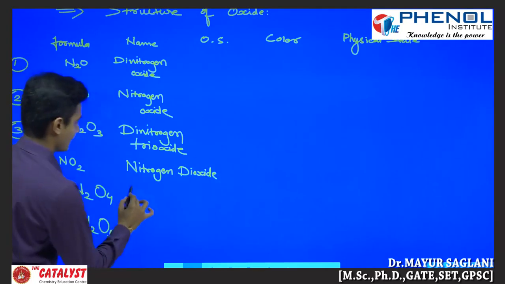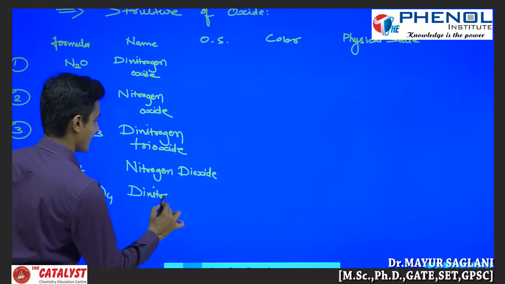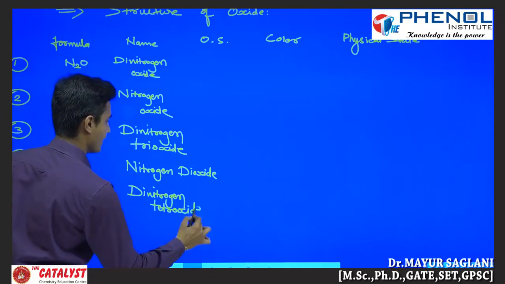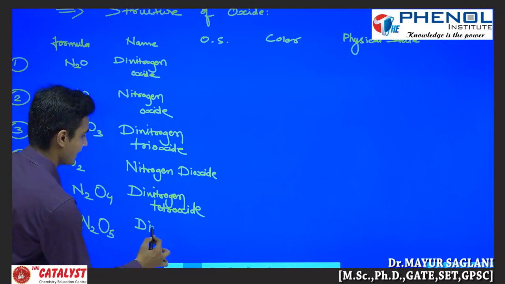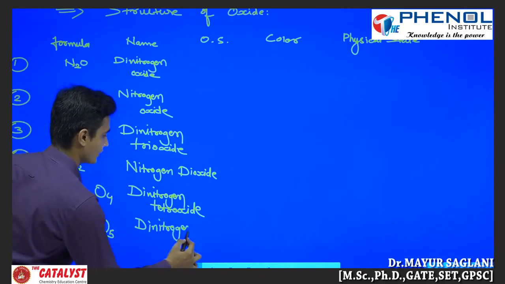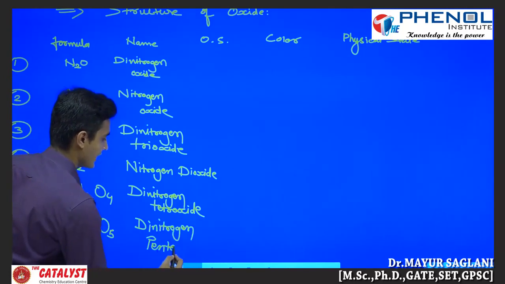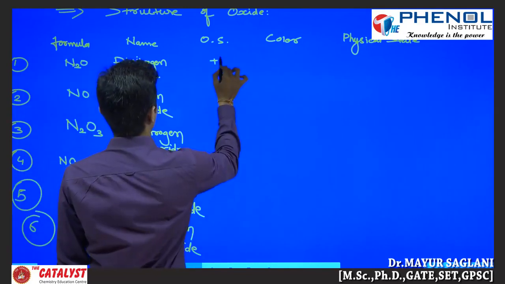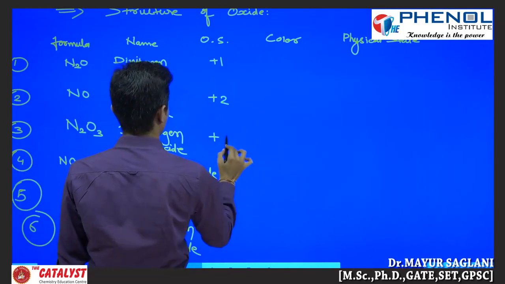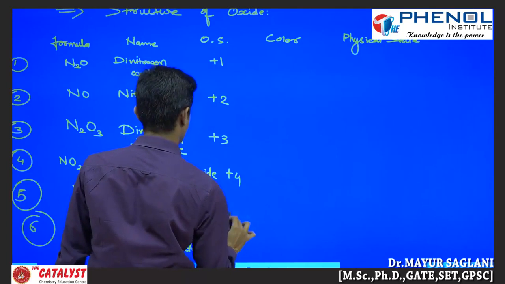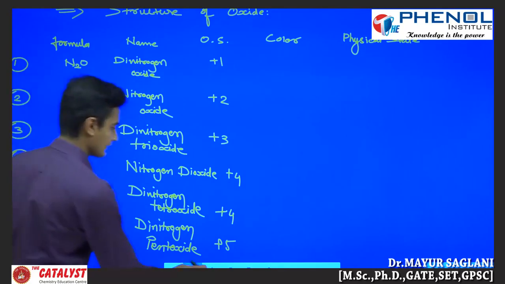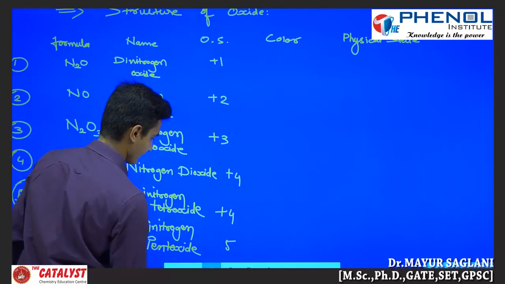Next dinitrogen tetroxide. And last dinitrogen pentoxide. Oxidation states: +1, +2, +3, +4, +4 and +5.